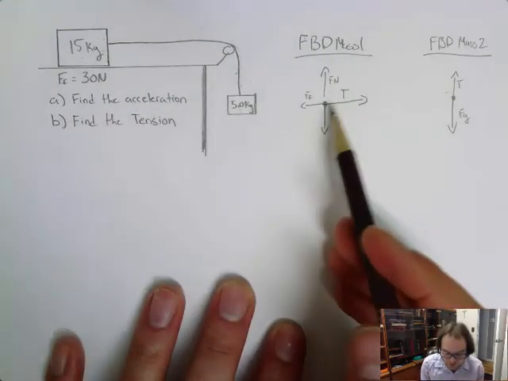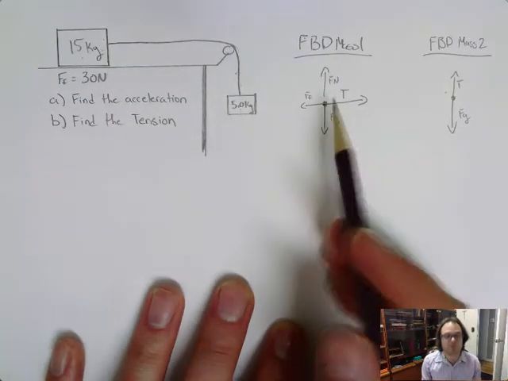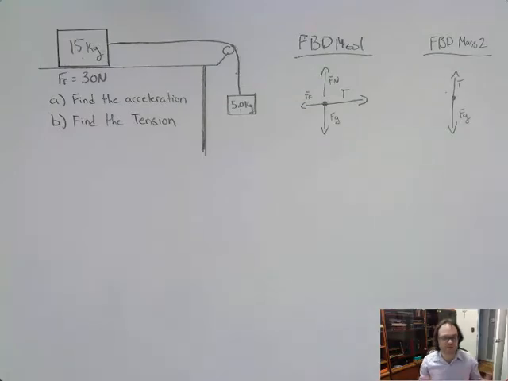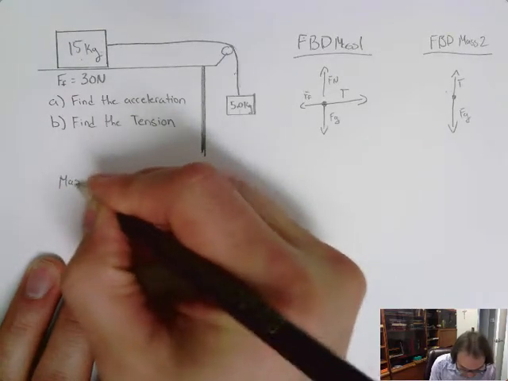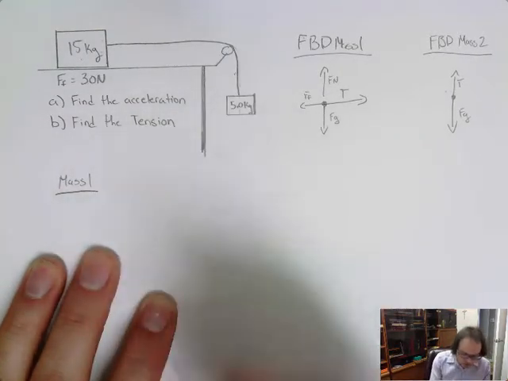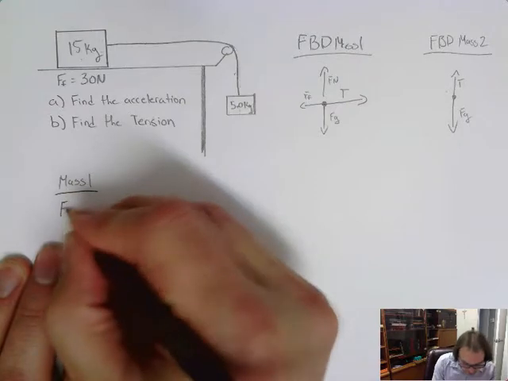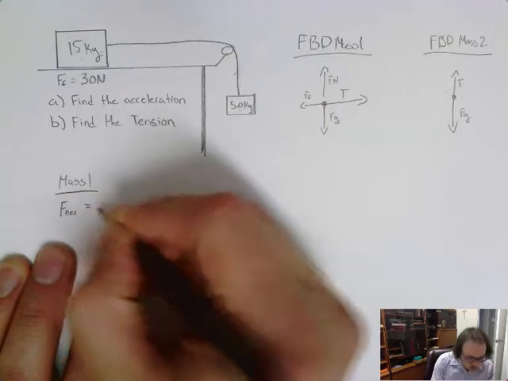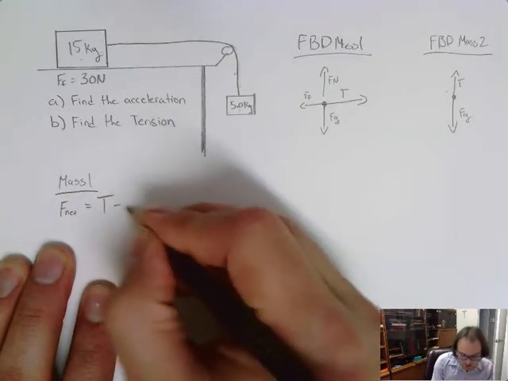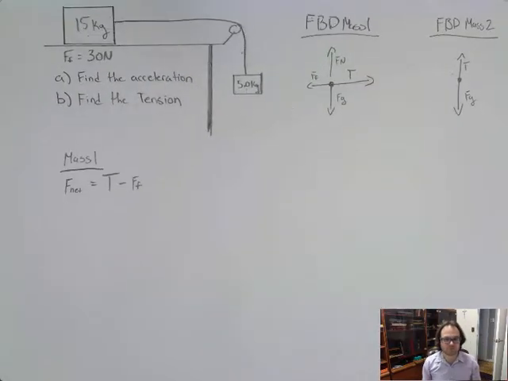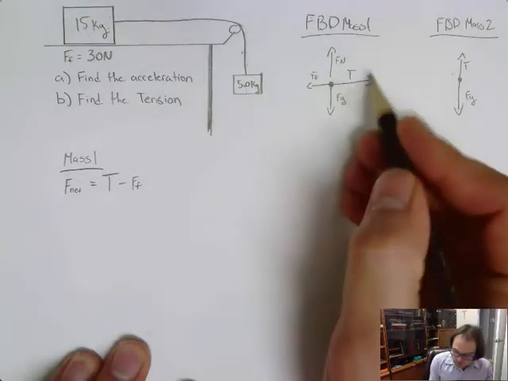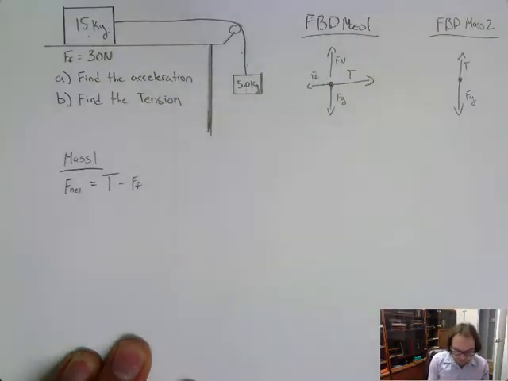Now that we have that, we're going to look at each situation separately. We're going to look at the free body diagram of mass 1 first and make an equation. So let's look at mass 1. We know my net force is equal to my tension minus the force of friction, because the tension is bigger than the force of friction.